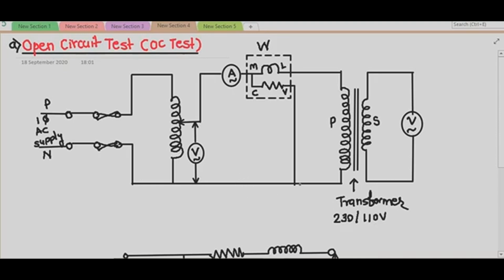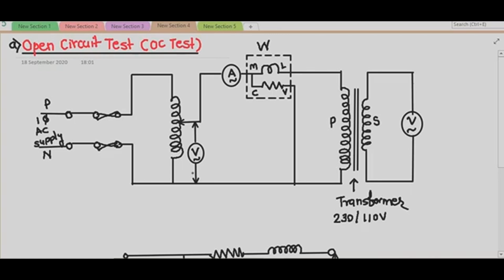So I have just said that while performing the open circuit test, we have to give supply to the low voltage winding, but in our lab 230 volt is available. That's why I have connected the 230 volt winding of this transformer to the single phase AC supply, right?